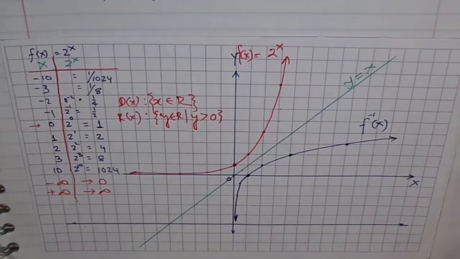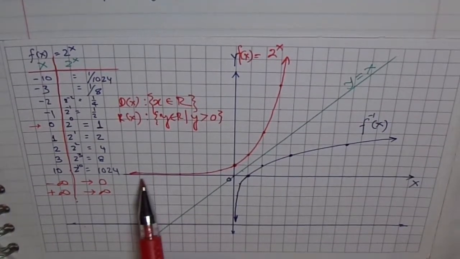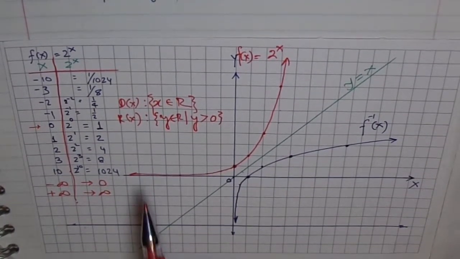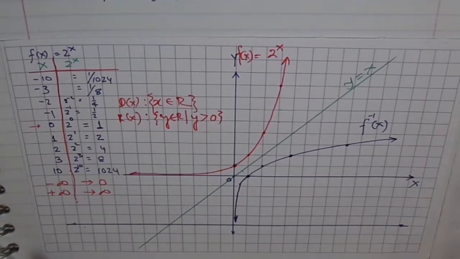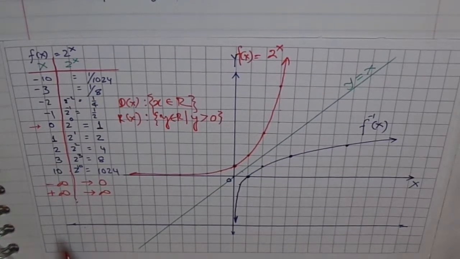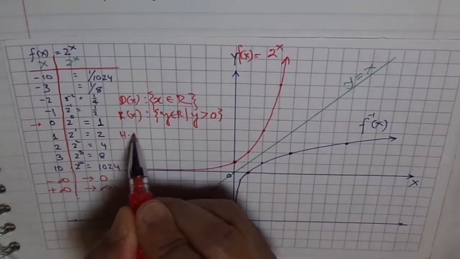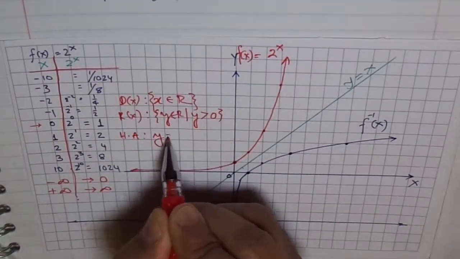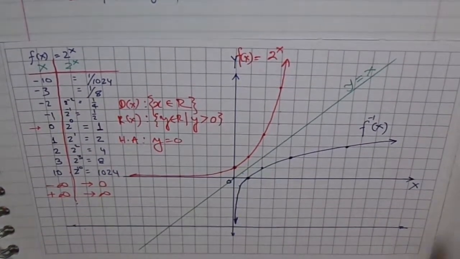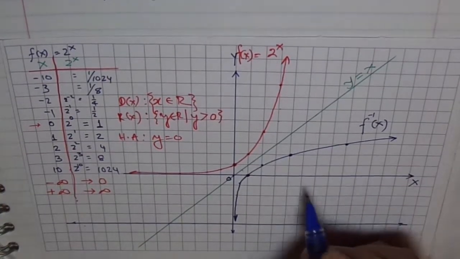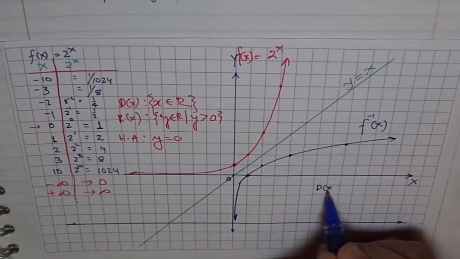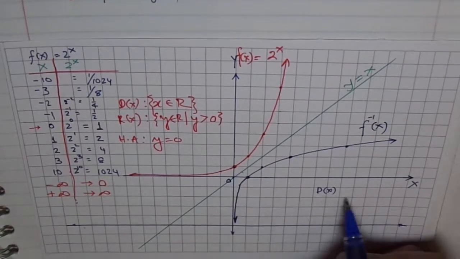Why? Because this becomes a horizontal asymptote. What is a horizontal asymptote? It's a line which we approach. We never really reach there. We just approach. So that line is the x-axis, and the equation of that horizontal asymptote is y equals 0. Correct? Now here, what happens to the domain? Domain is just greater than 0.